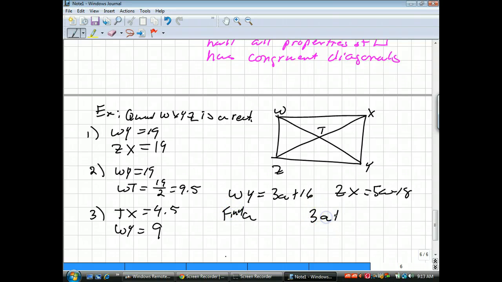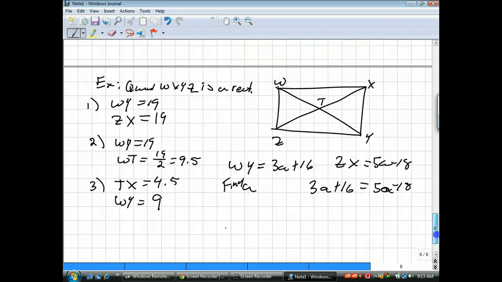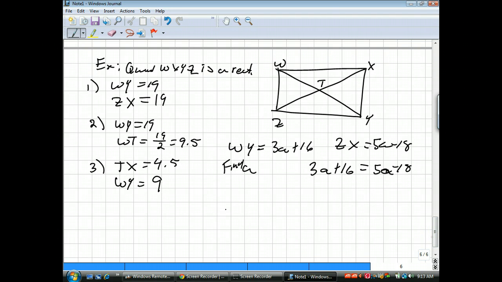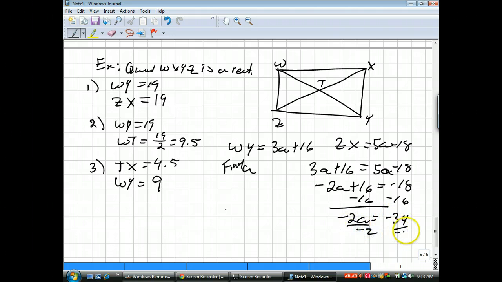So if we just set them equal to each other and solve, subtract 5A from both sides, we get negative 2A plus 16 equals negative 18. Subtract 16, get negative 2A equals negative 34. Divide by negative 2, we get A equals 17.